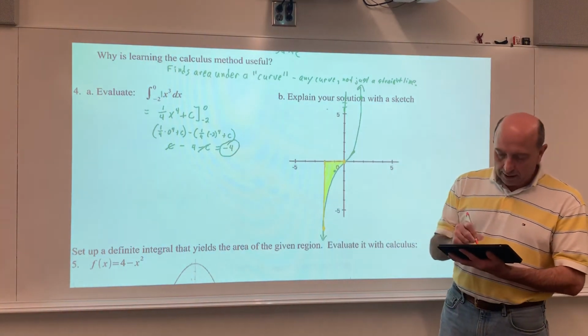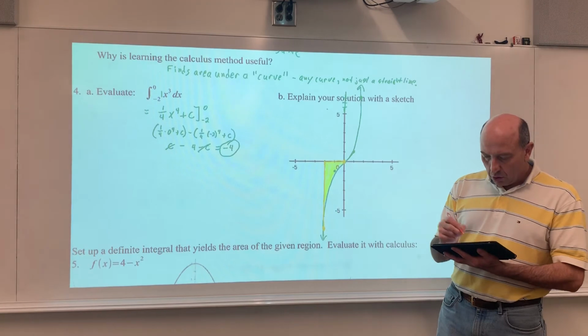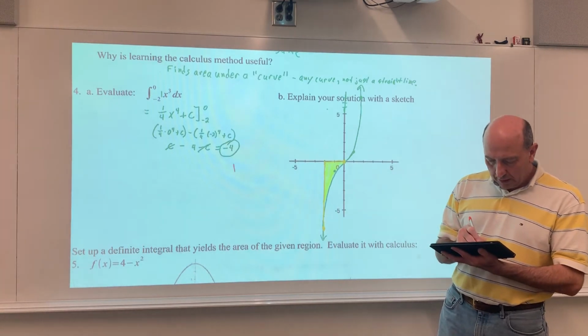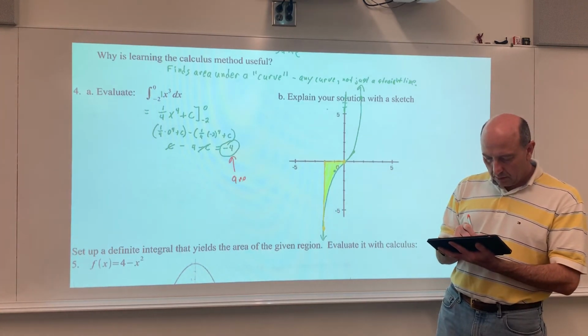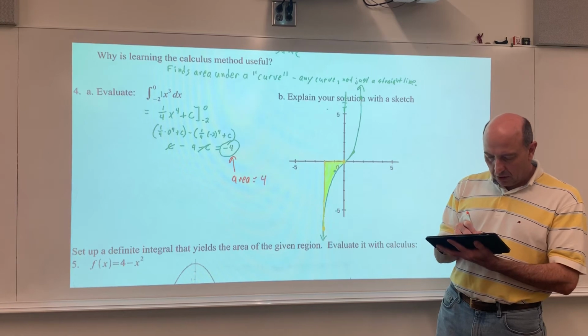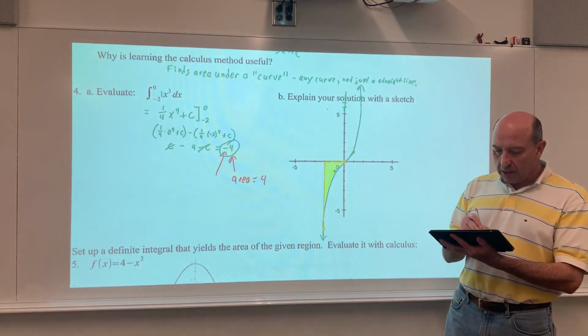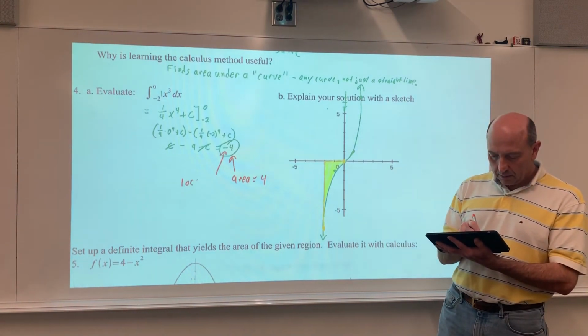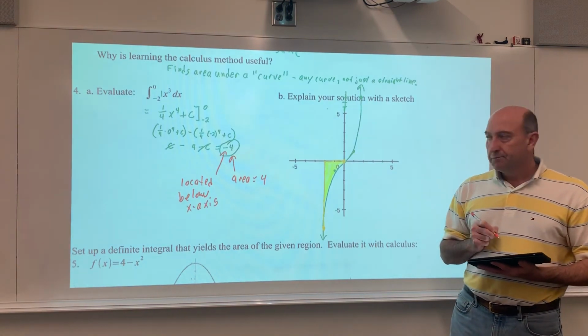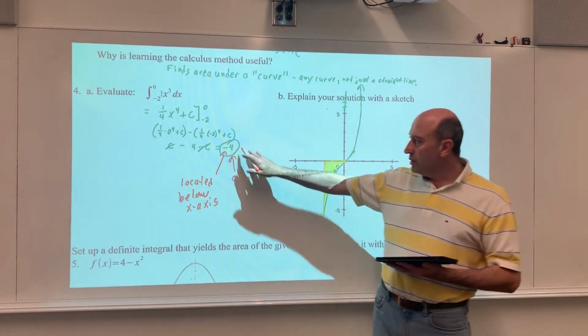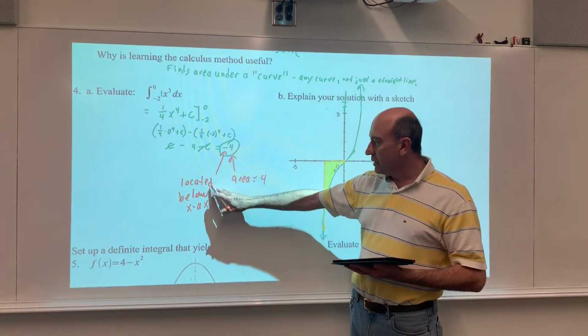So 4 is the area. The negative means it's located below the x-axis. So think of the 4 as the area and the negative as the location.